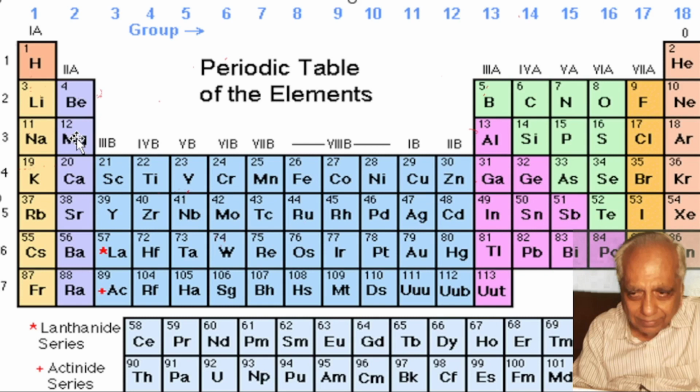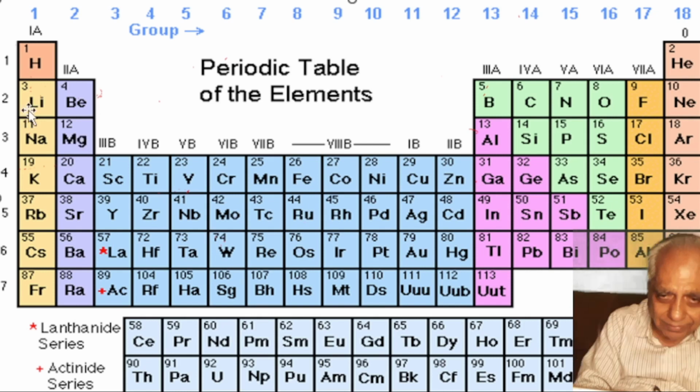Now if we go down the group, whether we take this group or this group, we will find that these elements are highly reactive compared to the top ones. Sodium is less reactive compared to potassium. Cesium is highly reactive. Francium is more reactive than cesium. So the reactivity of metals increases as we move down the group.